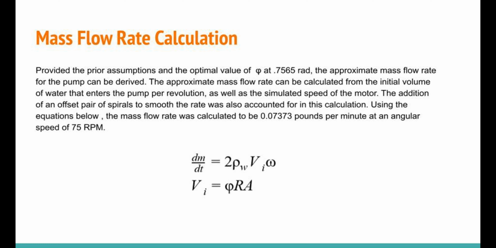For the mass flow rate calculation, we use the same assumptions as before, and using the knowledge that the pump was submerged a total of 1.5 inches, we found that phi was approximately 0.7565. Using phi along with the cross-sectional area and the outermost radius of the pump, we calculated, as stated before, that the mass flow rate was 0.07373 pounds per minute at an angular speed of 75 RPMs.